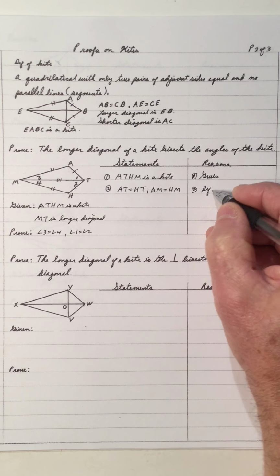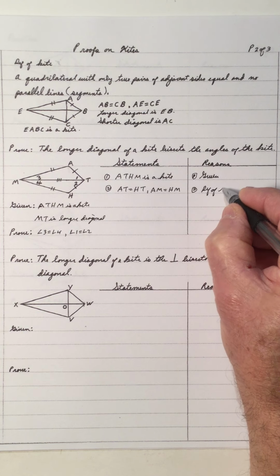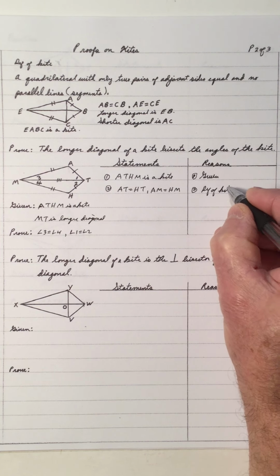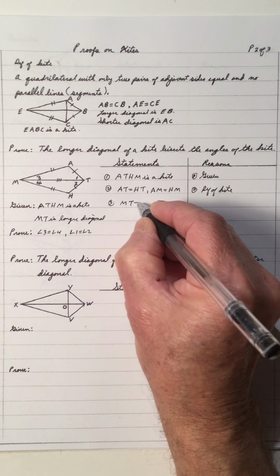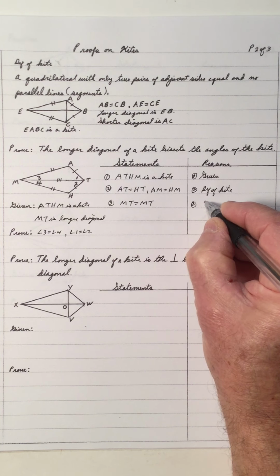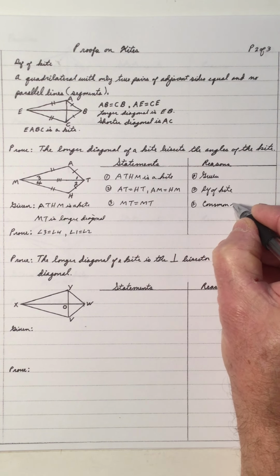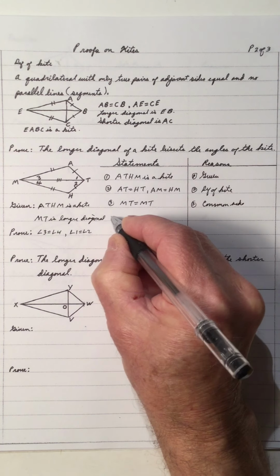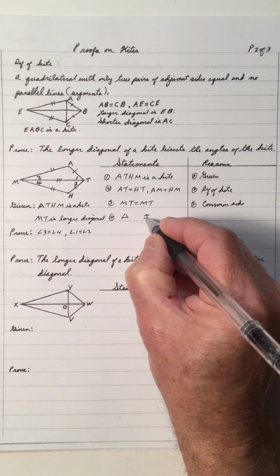Definition of a kite, because a kite has two pairs of adjacent sides equal. And we have MT equals MT, common side to the two triangles. So that means the two triangles are congruent.